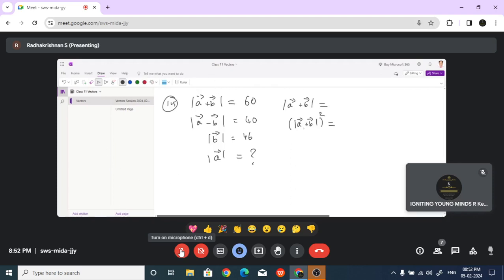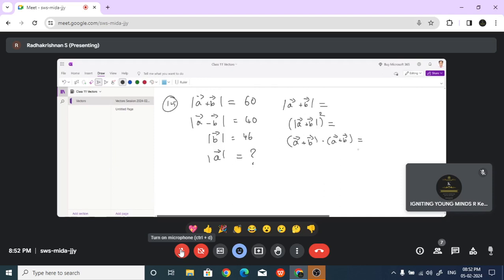Basically you can think of it like this: a plus b dot a plus b. This is where you get the magnitude of a plus b whole square.